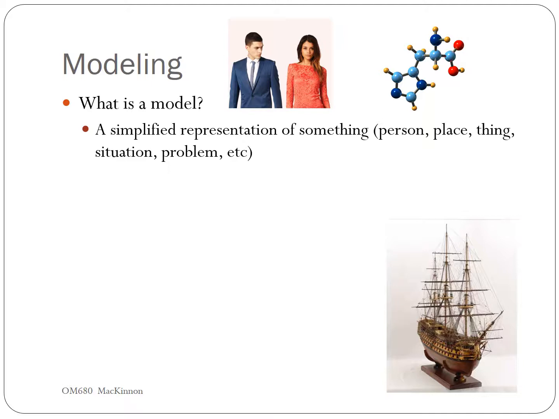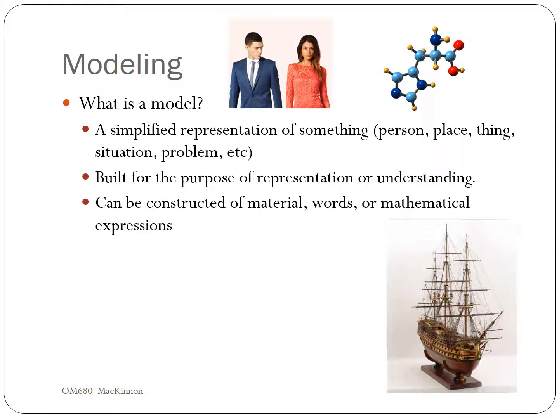Obviously, we're not talking about these three particular types of models, but the point holds that we create models for the purpose of understanding something, of simplifying something. In our case, we want to be able to achieve understanding and the solution to particular problems. A model can be constructed of materials, words, mathematical expressions, and of course, even people.